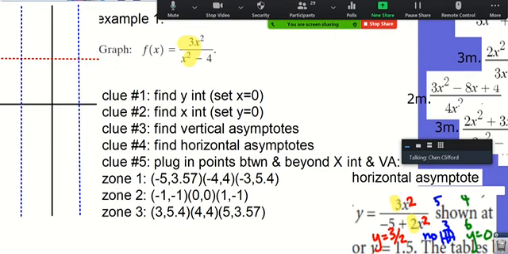All right, so now let's go ahead and factor this. This equals 3x squared over (x + 2)(x - 2), okay? Now, the first 4 clues are easy. We've been doing that, okay?